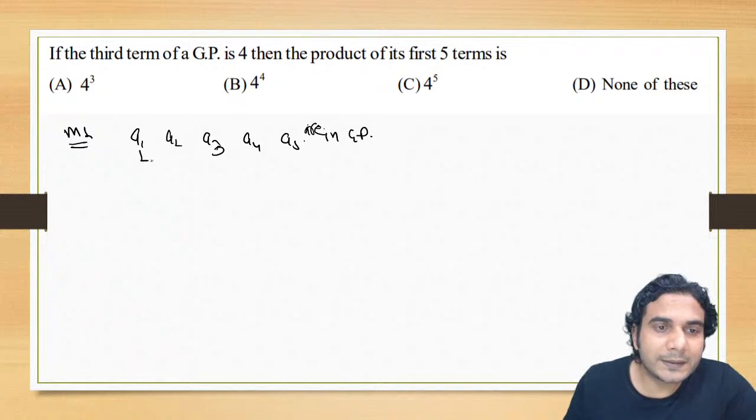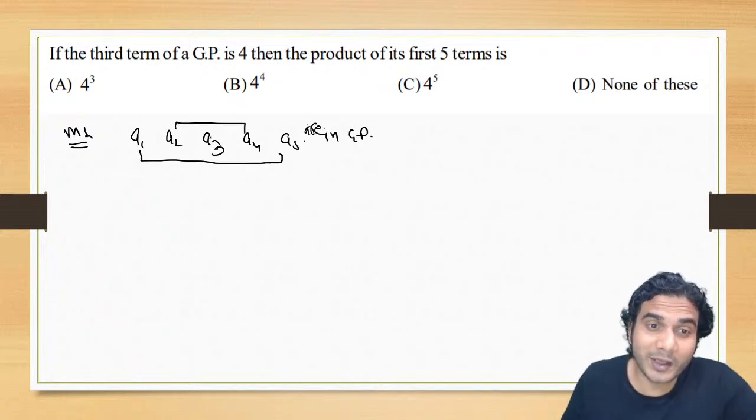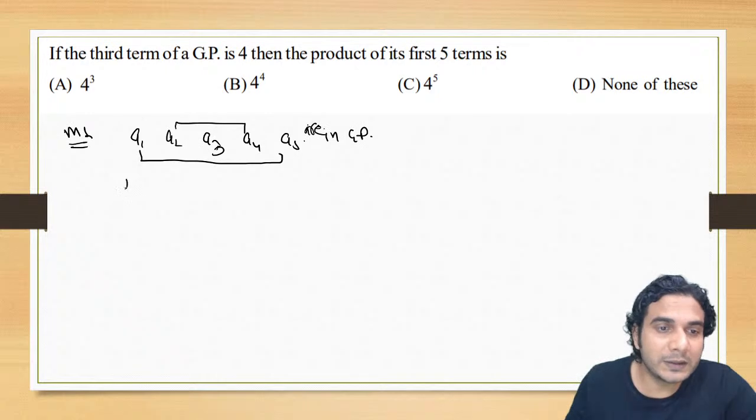You know first into last is equal to second into second last, but you have odd numbers, so there is a term in the middle. If you have one term left in the middle, then it will be the square of that. That means you can write A1 into A5 is equal to A2 into A4 is equal to A3 square.